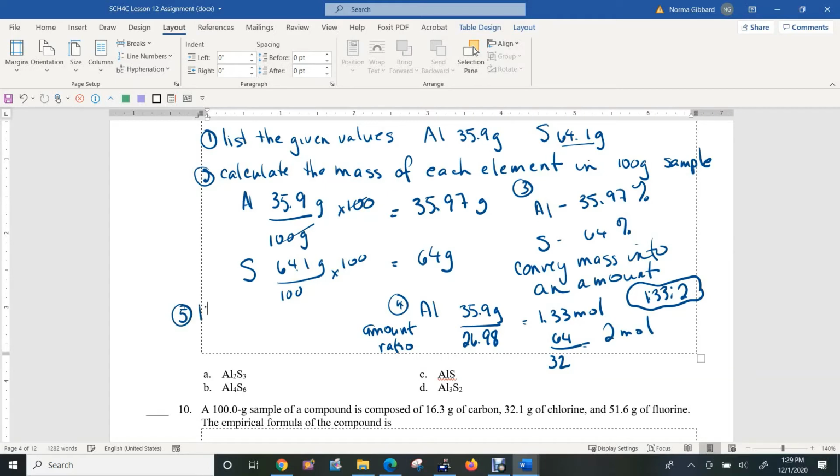We have 1.33 over 1.33 to a 2, and we also put that over 1.33. So that's a 1 to a 1.5, which is equal to 2 to 3. So this gives us our final answer of 2 to 3.